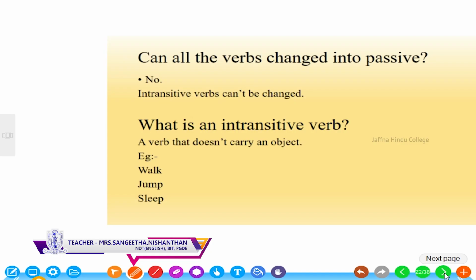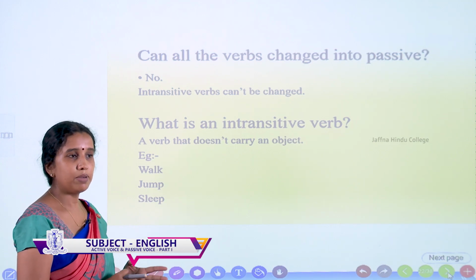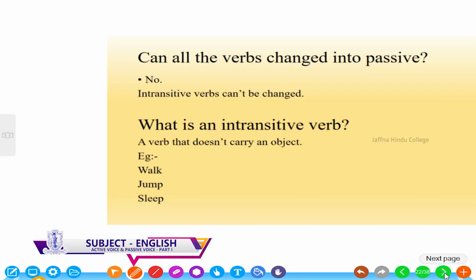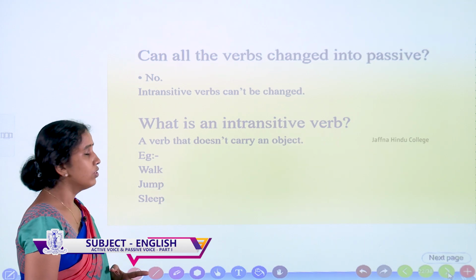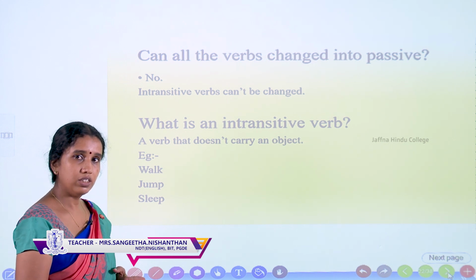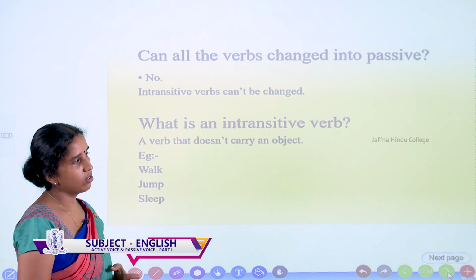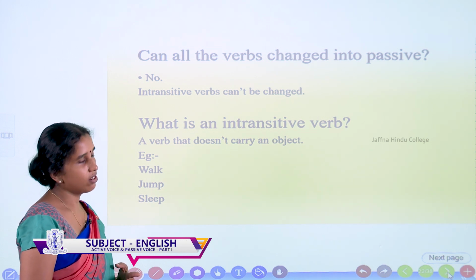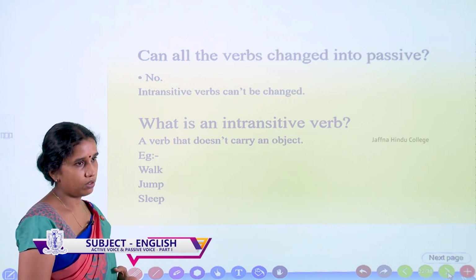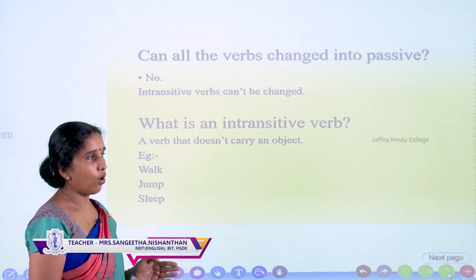Now, let us look. Can all the verbs change into passive? Can all the sentences be changed into passive? No. What can't we change? The intransitive verbs. What is an intransitive verb? A verb carries an object.